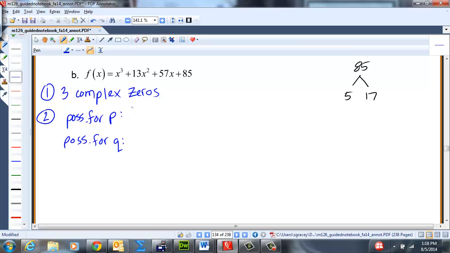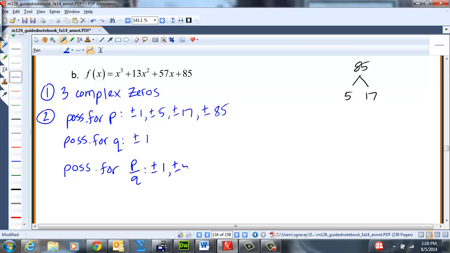We'll have plus or minus 1, plus or minus 5, plus or minus 17, and plus or minus 85. And then possibilities for Q, plus or minus 1. So the possibilities for P over Q are plus or minus 1, plus or minus 5, plus or minus 17, and plus or minus 85.